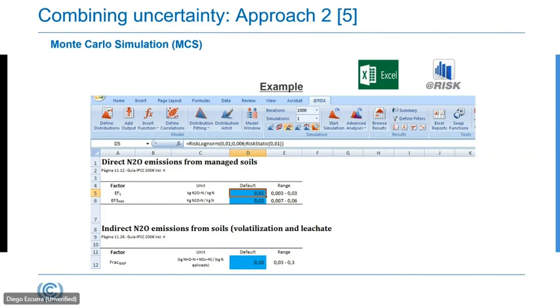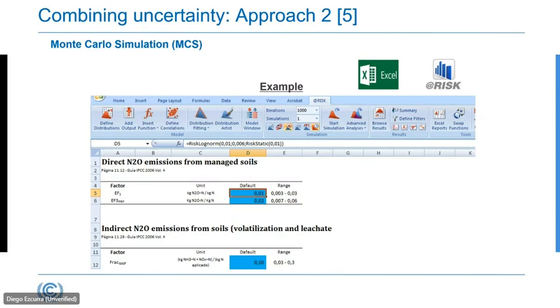You have here some options like how to define the probability density function. You have the option to add the cells where the outputs you would like to simulate are. So in this case, if you want to simulate the result of the whole inventory, you will select that cell where the value is, and indicate to the software that this cell is the output you would like to simulate.